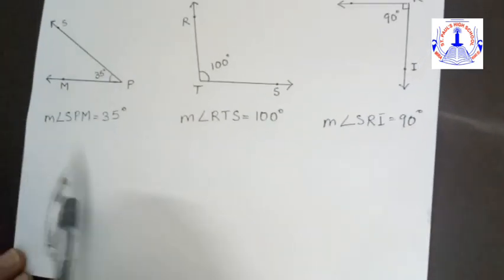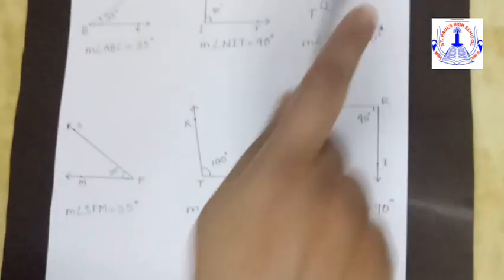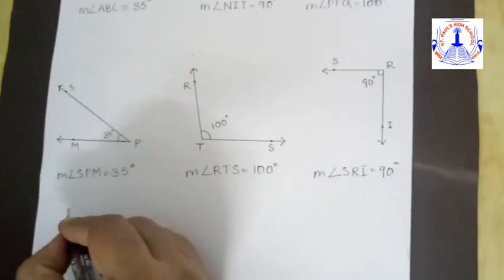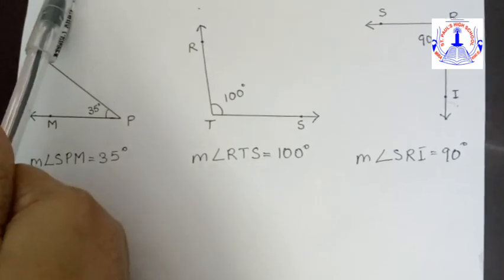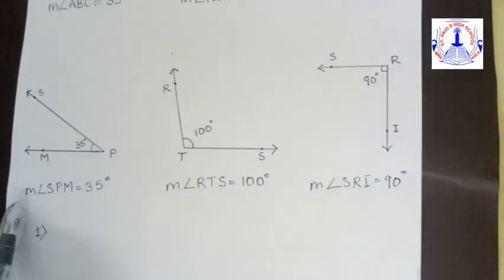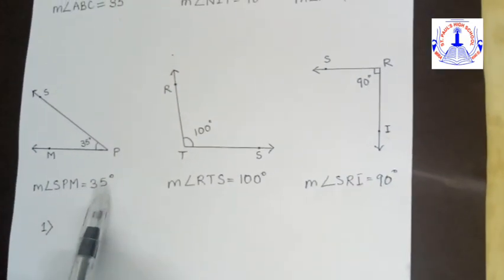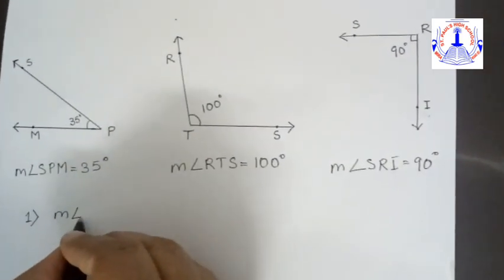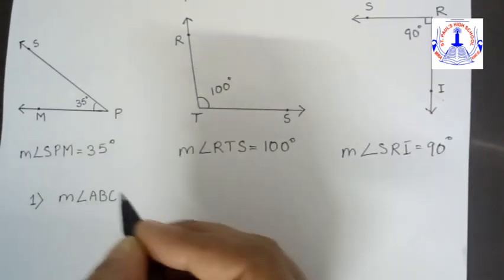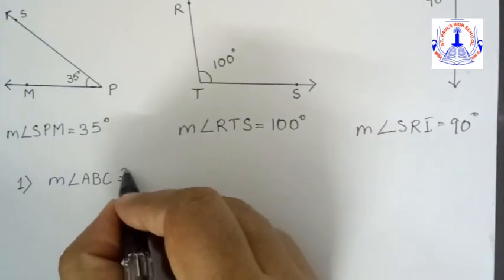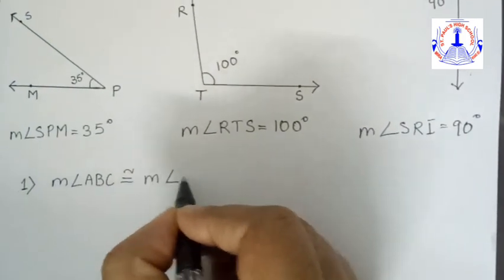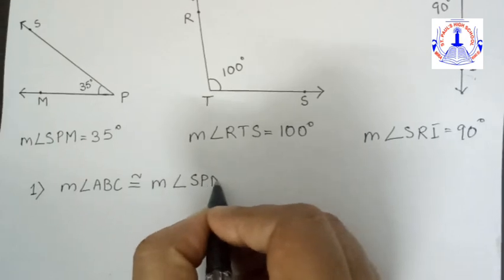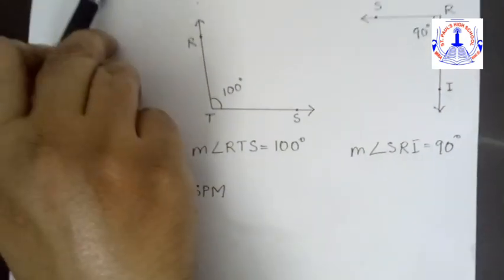Now we will write here having equal measure. The first one here you can say measure angle ABC is 35 and measure angle SPM is 35 degree. Both are of equal measure. So measure angle ABC is congruent to measure angle SPM because both are of 35 degree.